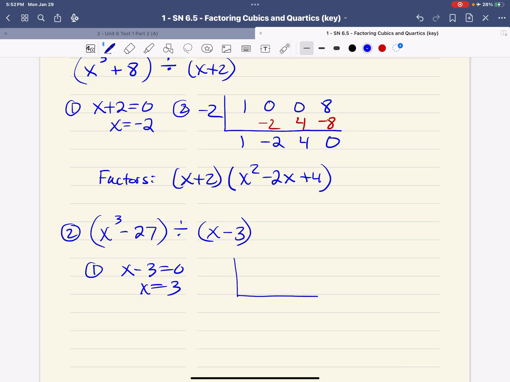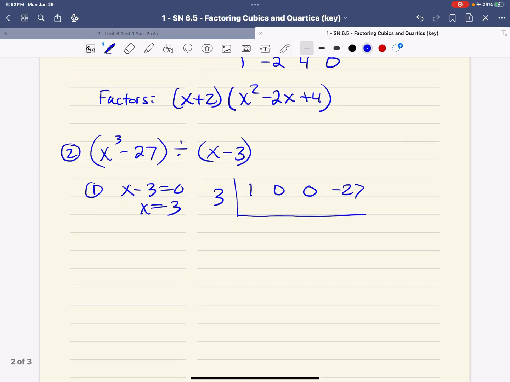Then we've got my division box. I've got a 3 outside, and I've got a 1, a 0, a 0, and a negative 27. I'm going to bring down my 1, multiply that by 3, add to the 0 and get 3, and then 3 times 3 is 9, add that to the 0 and get 9, and then 3 times 9 is 27, add that to the negative 27, and I get 0.